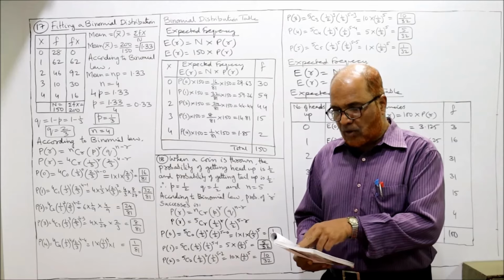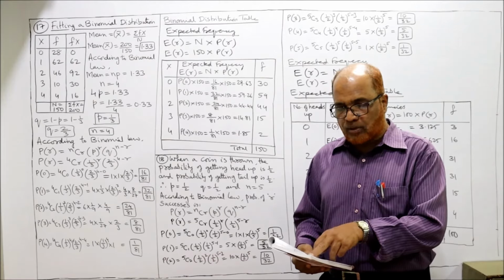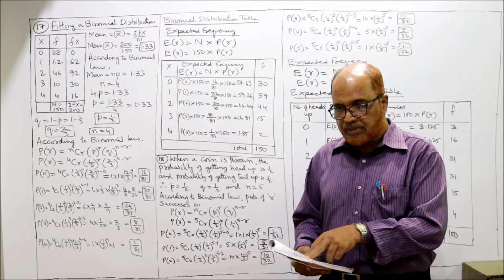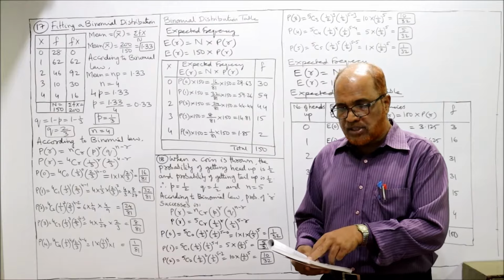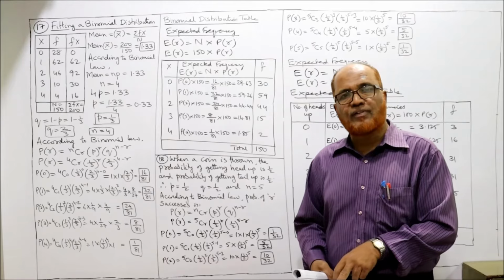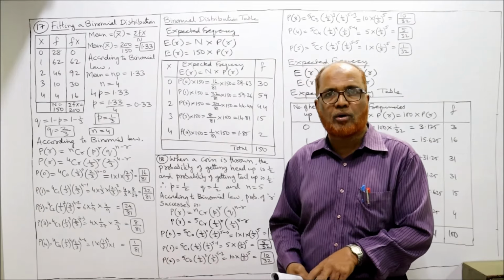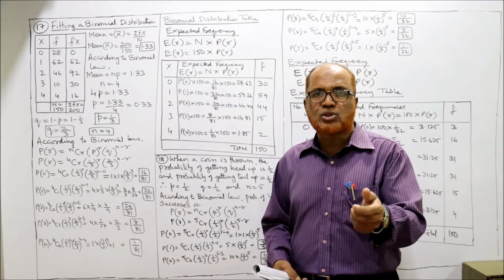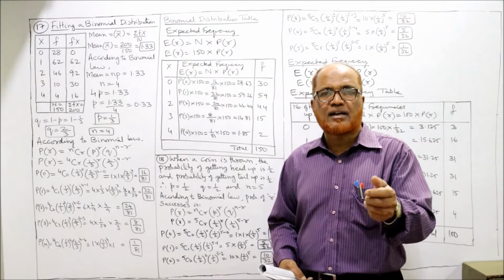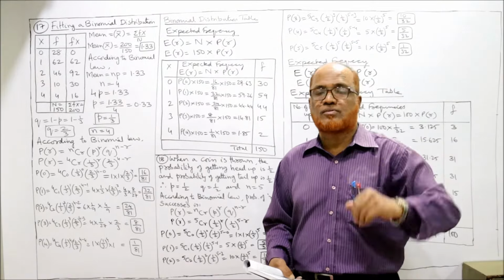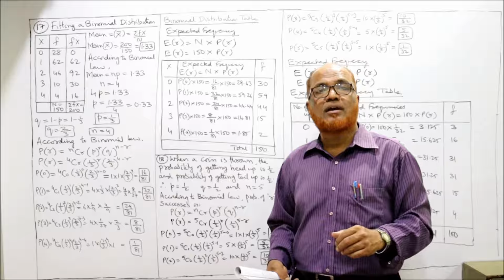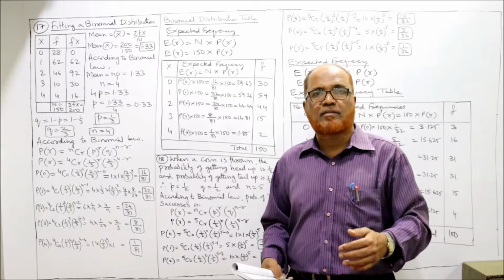Then from the following outcomes, calculate the expected frequency. Number of heads up, 0. Observed frequency 2. Here the observed frequency is given and we have to calculate the expected frequency according to the binomial law. So we throw 5 coins the first time, second time, third time, like that 100 times we make this experiment.